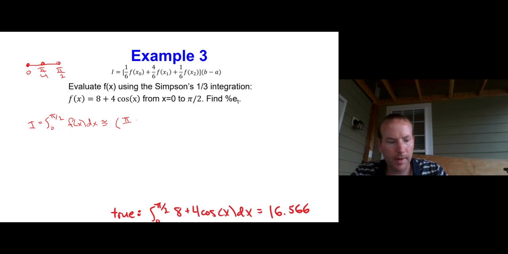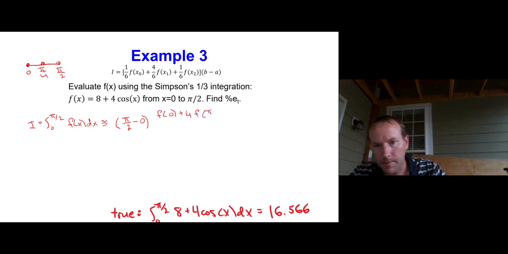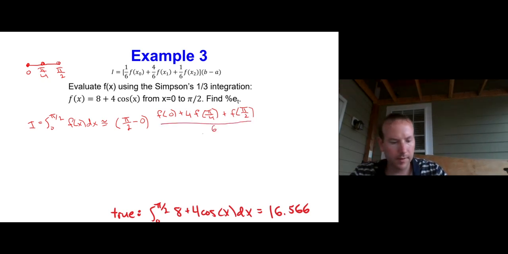So it's b minus a, which is pi over 2 minus 0, and then we have f of x0, plus 4 times f of pi over 4, and then we have the x2, which is pi over 2, plus f of pi over 2, all divided by 6, okay?